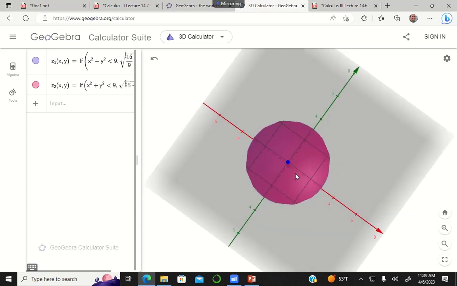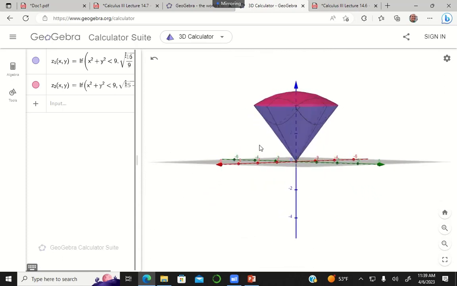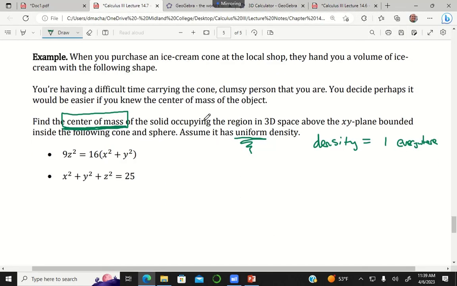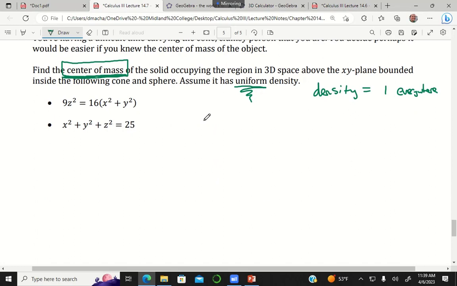It's got this radial symmetry. So the center of mass has to be on the z-axis somewhere. We know that just from symmetry. The x-coordinate of my center of mass is 0, and the y-coordinate of my center of mass is 0.